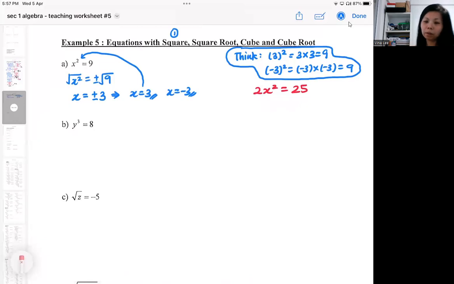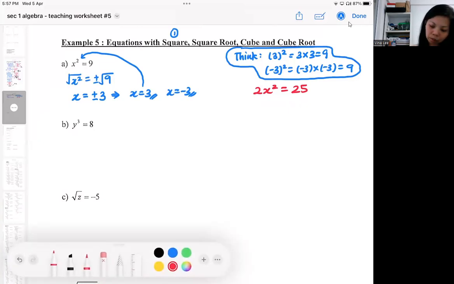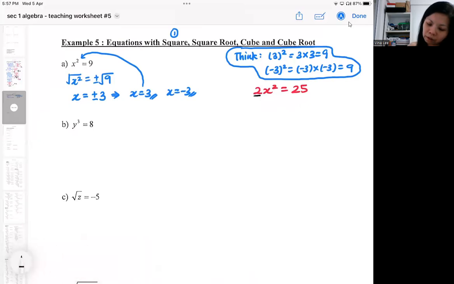If you want to take square root, you have to isolate the x squared first. That means you need to get rid of the number. In this case, to get rid of the number, I'm going to divide by 2. After I divide by 2, I get 12.5.